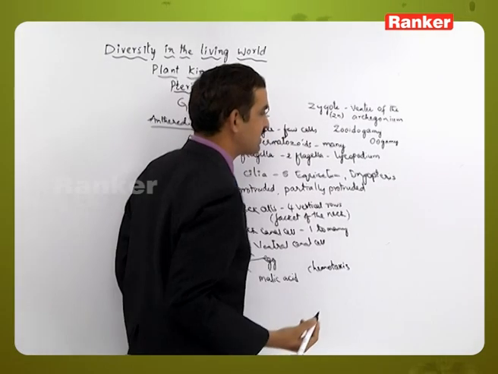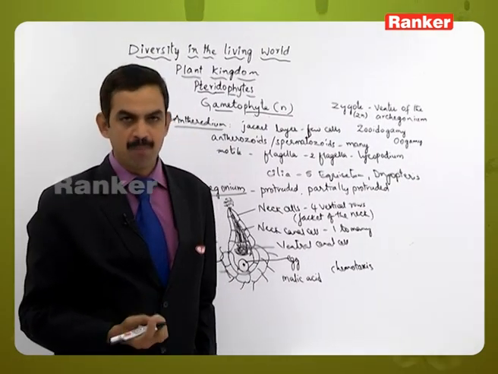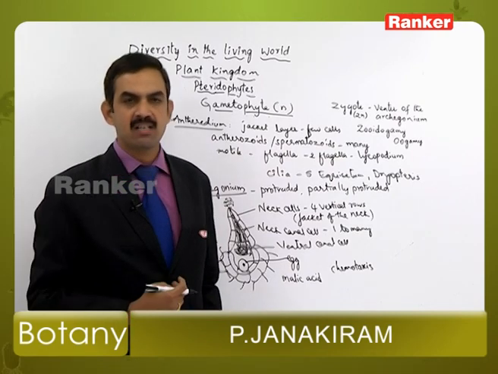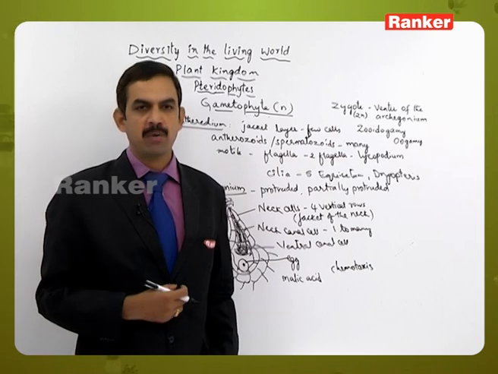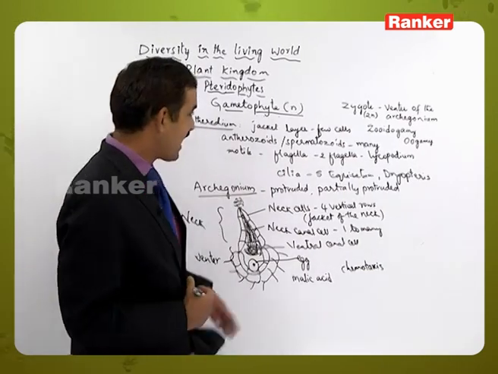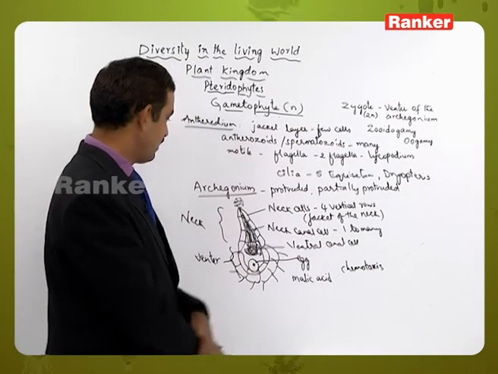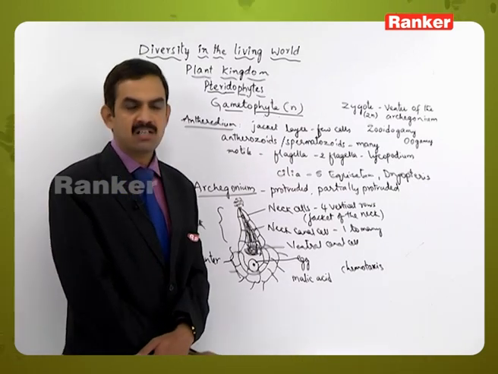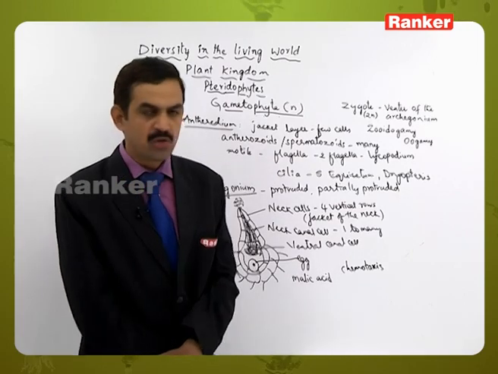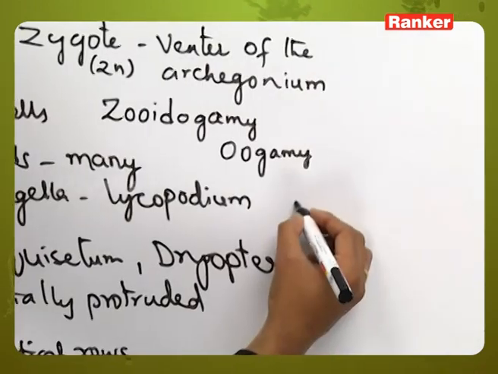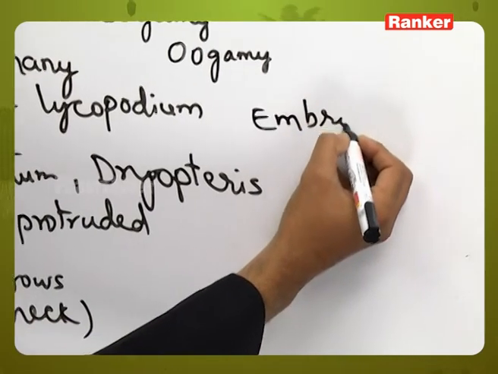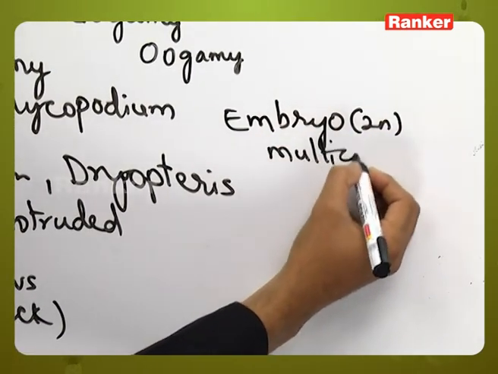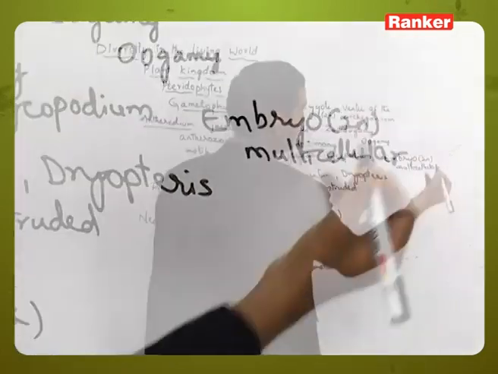That is why we call this zoidogamous oogamy type of sexual reproduction in the members of pteridophytes, which is a common feature shared by bryophytes also. So the zygote is formed inside the venter of the archegonium. Now the zygote will start dividing by mitosis to produce the embryo, and this embryo is also in the diploid condition, but it is multicellular in nature.